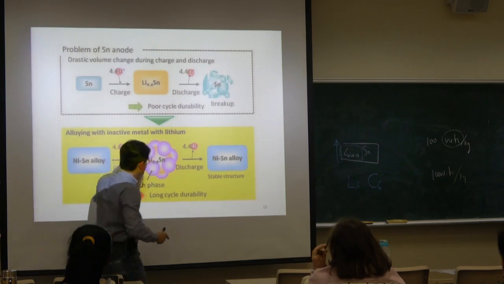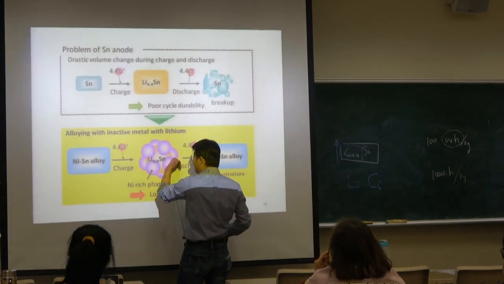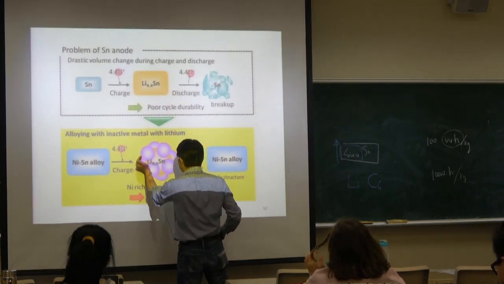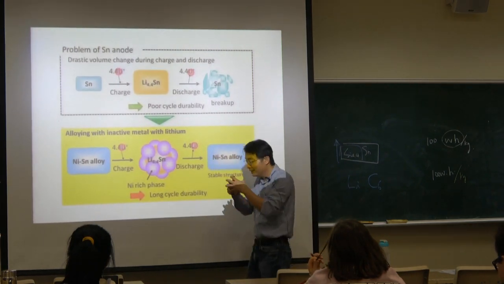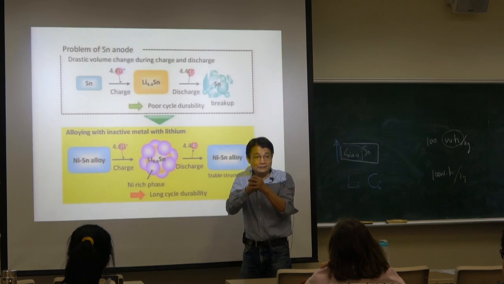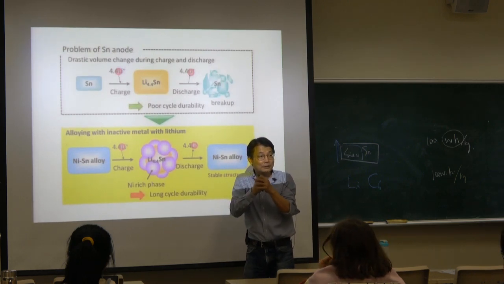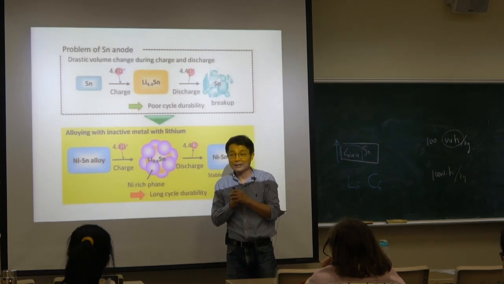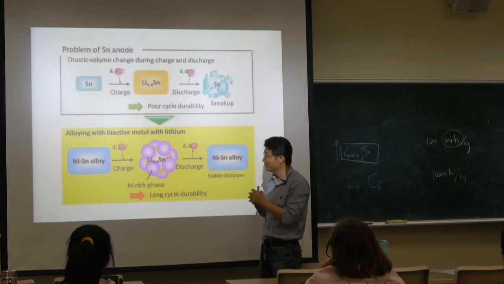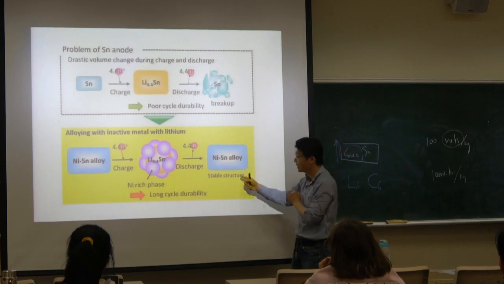Lithium goes in, charge and discharge, charge and discharge. Because of the alloy, the bonding strength with lithium will be stronger compared to the single tin, so this becomes more stable.